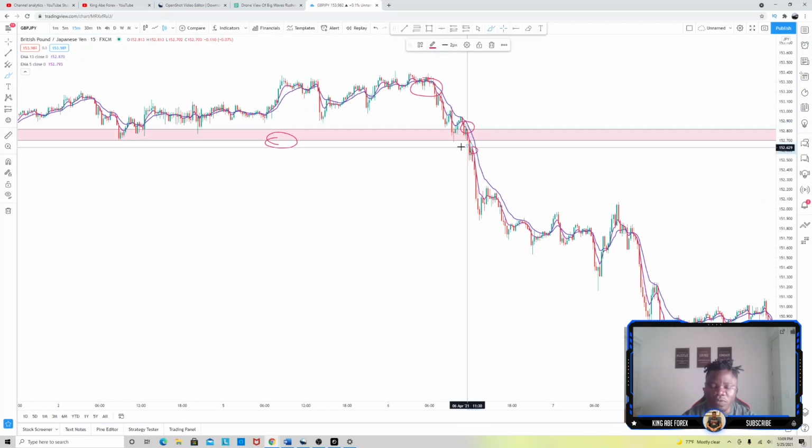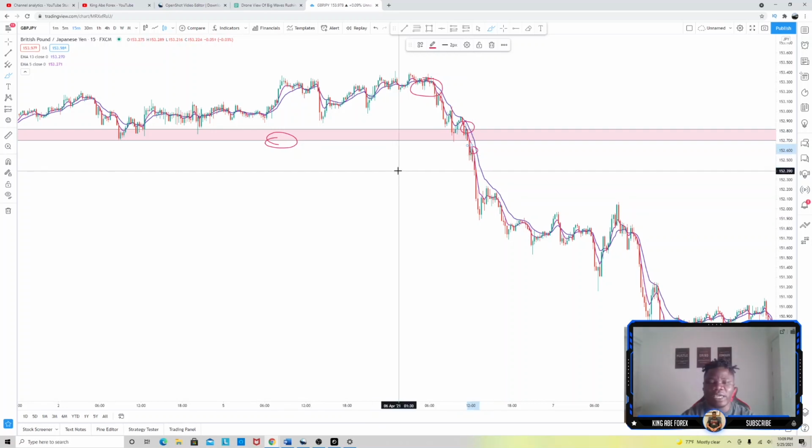But over here would have been your entry because here price didn't close below your support zone. So you would have got in right over here at this second touch when price pulled back and actually touched the 5 EMA. Then that's your entry.